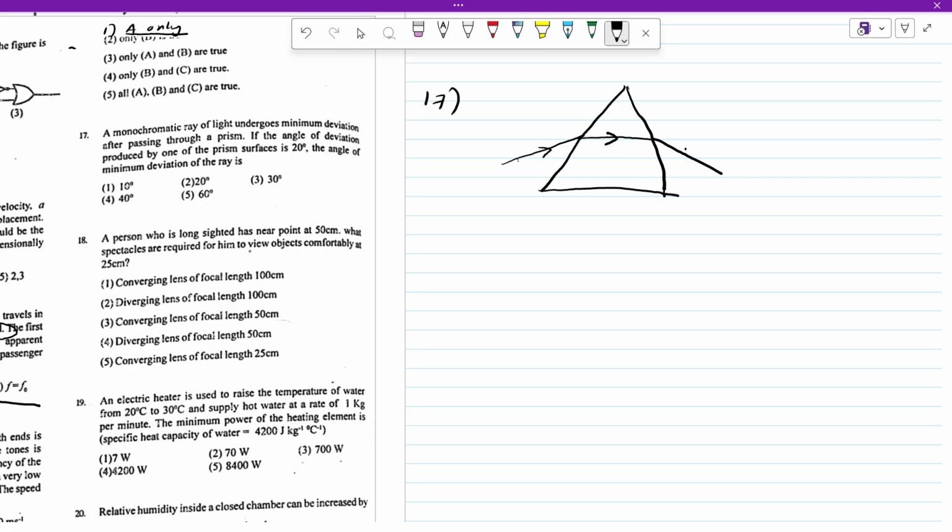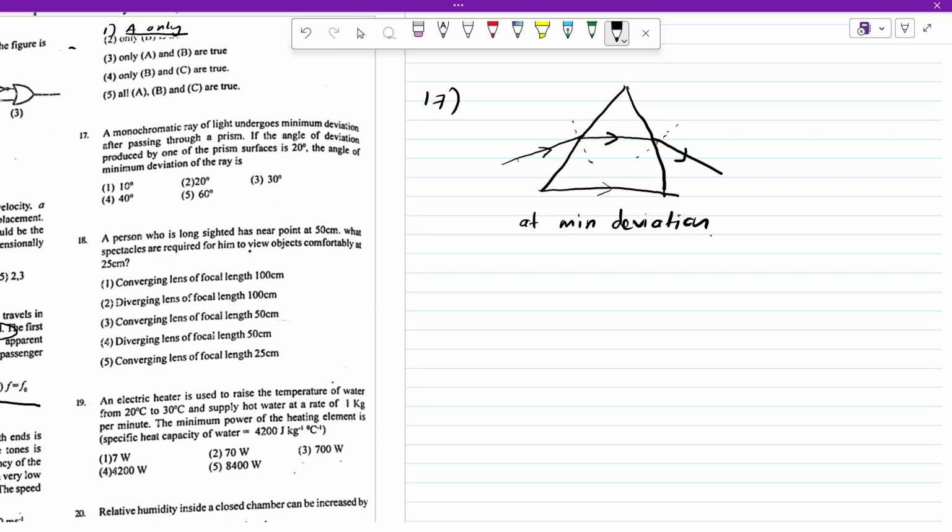It passes symmetrically, and this is the 90 degrees normal line. At minimum deviation, this is how we draw the ray diagram. So in other words, the ray in the prism is parallel to the base of the prism. These two are parallel, okay.